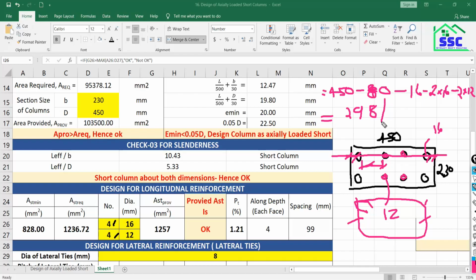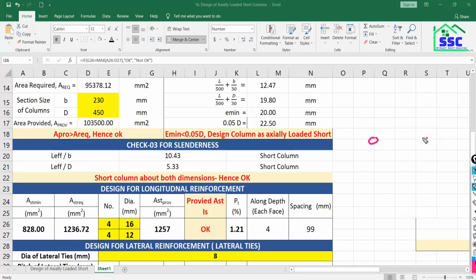Now divide this value by the number of spacings. 3 spacings are there, so 298 divided by 3. I am getting 99.33. The rounded value we are going to take as 99. So the spacing between these two bars we are having as 99.